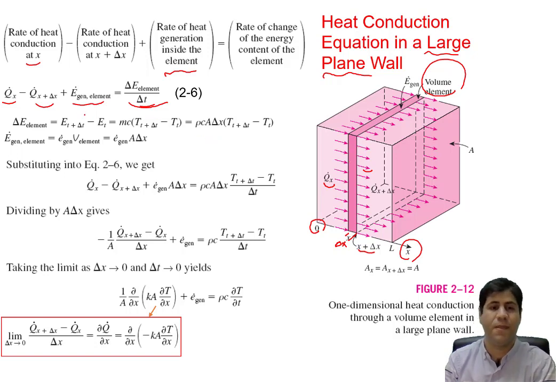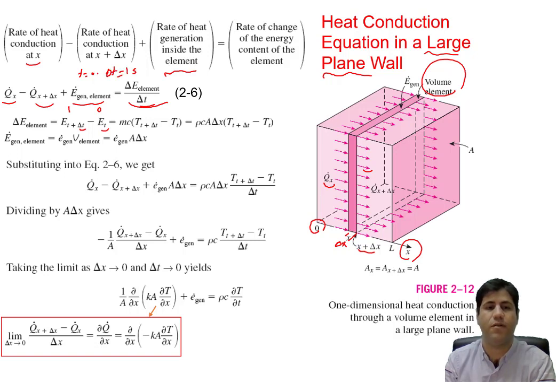In other words, if the initial time is t and the final time is t plus delta t, for example delta t is 1 second, then the energy of this volume element at second 1 minus the energy at second 0, if t is equal to 0 and delta t is equal to 1 second.